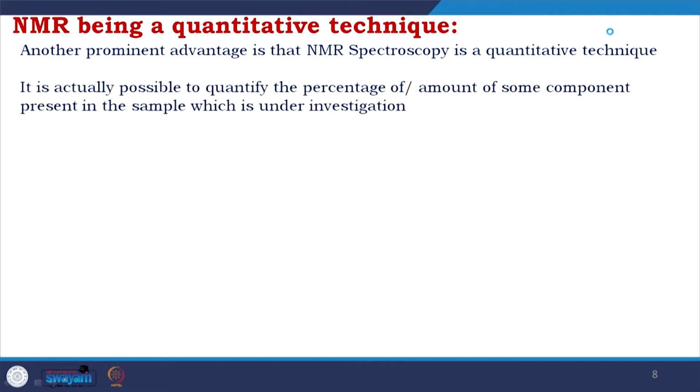What is meant by quantitative technique? That means it is actually possible to quantify the percentage or the amount of some component present in the sample which is under investigation. What do we mean?